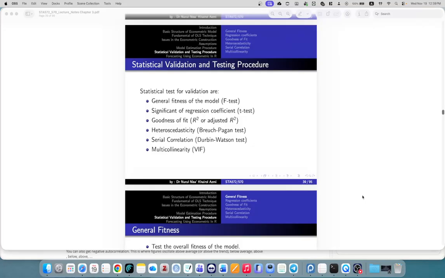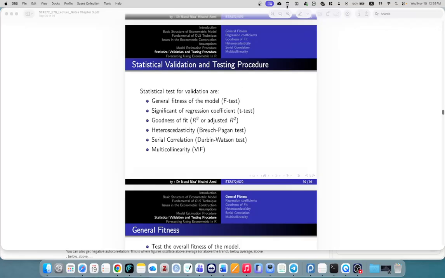So we have general fitness of the models, significance of regression coefficient, t-test, goodness of fit, r square or adjusted r square. Heteroscedasticity, Breusch-Pagan test, serial correlation. We use the Durbin-Watson test to test the serial correlation, and multicollinearity.